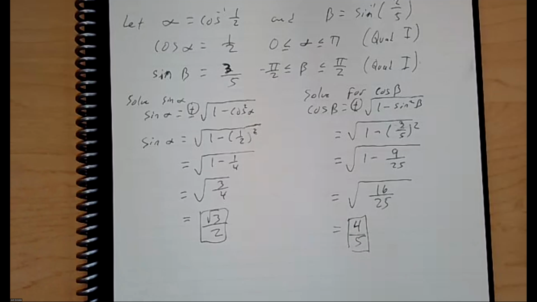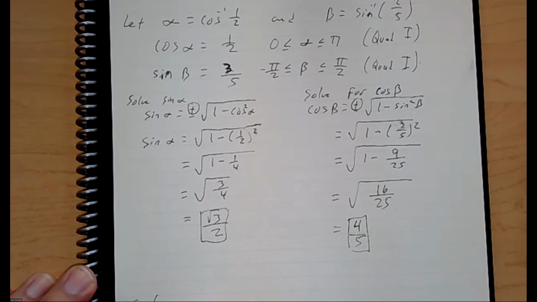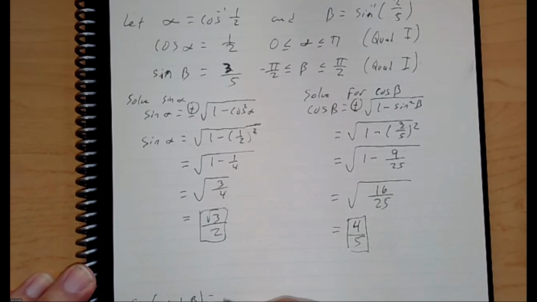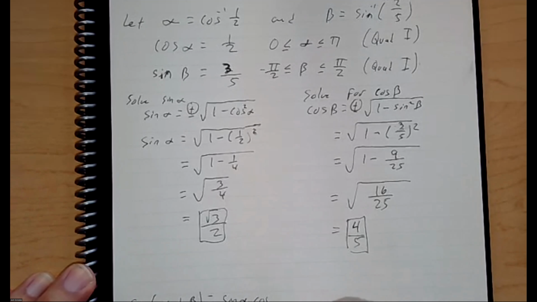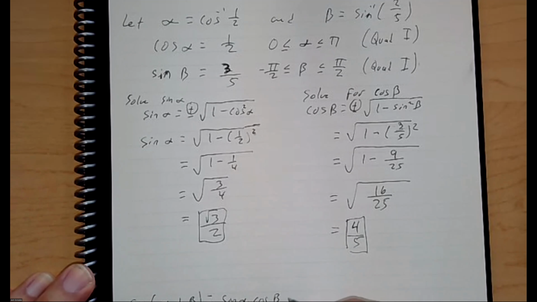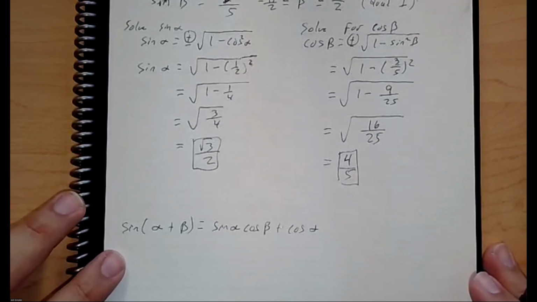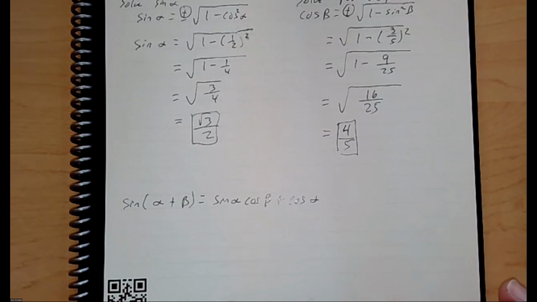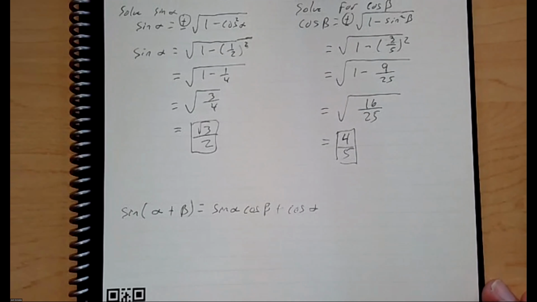So now we can answer the question. Sine of alpha plus beta is equal to sine alpha cosine beta plus cosine alpha sine beta.